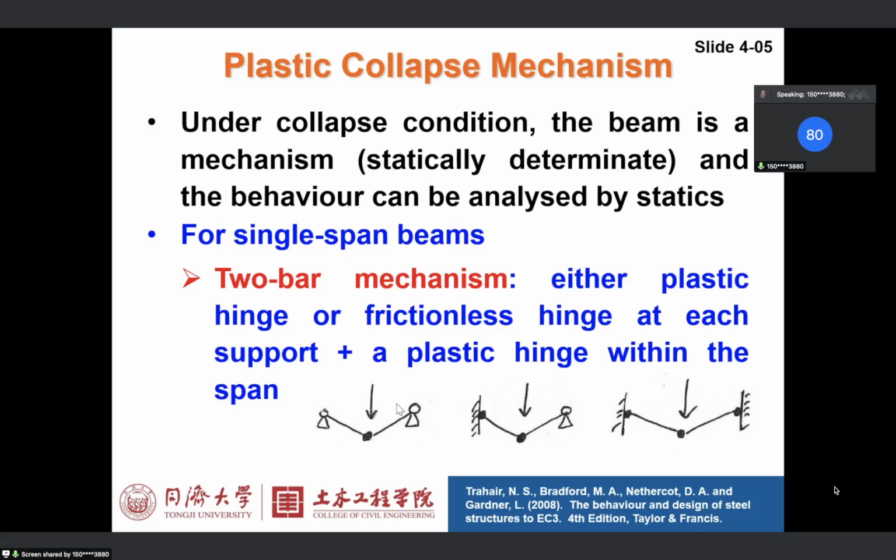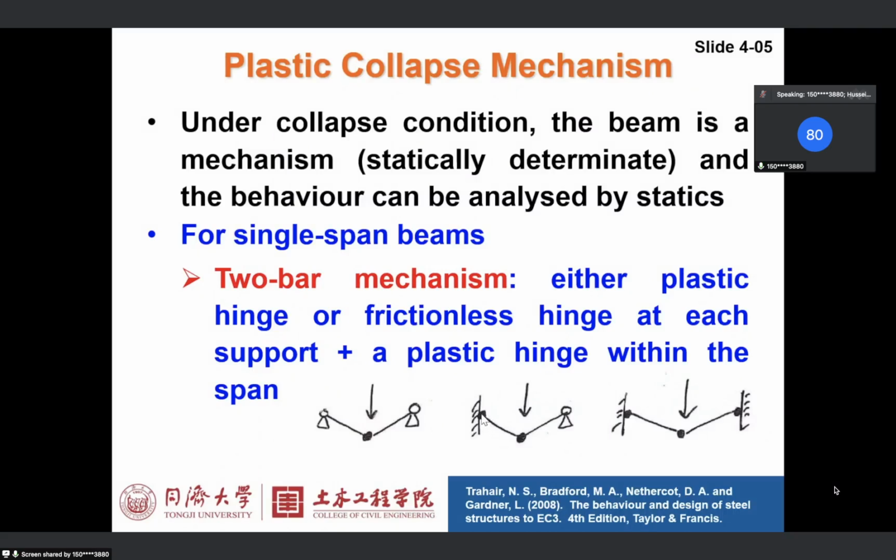So for example, this is a simply supported beam with a point load applied at mid-span, and then we will have one plastic hinge here and two frictionless hinges at the supports, which forms a two-bar mechanism, right? Similarly, we have a propped cantilever.